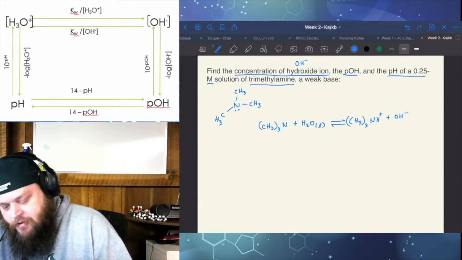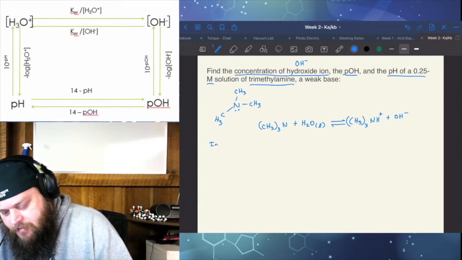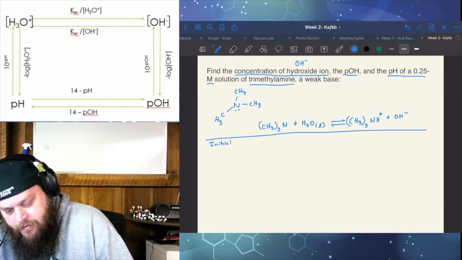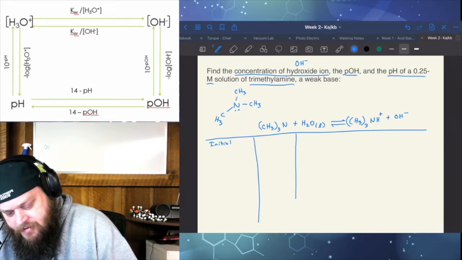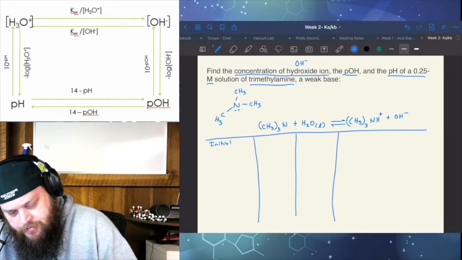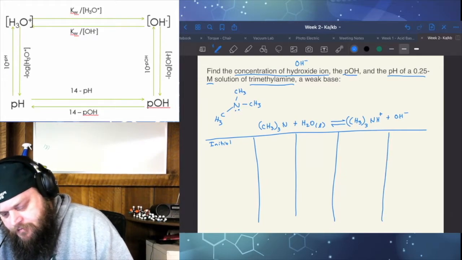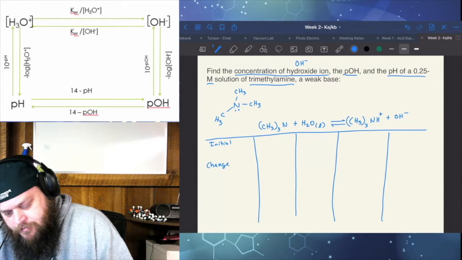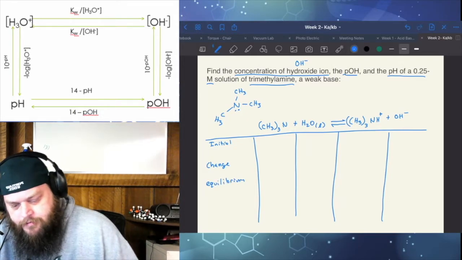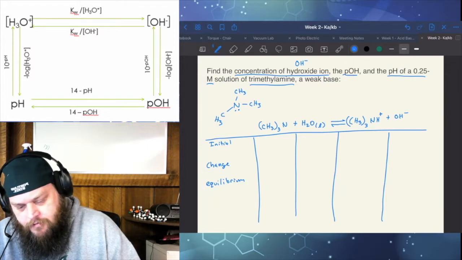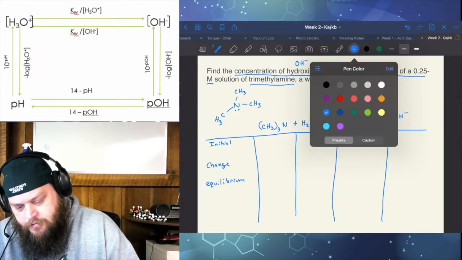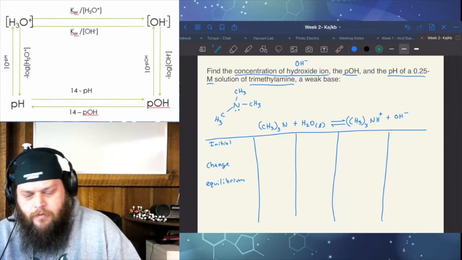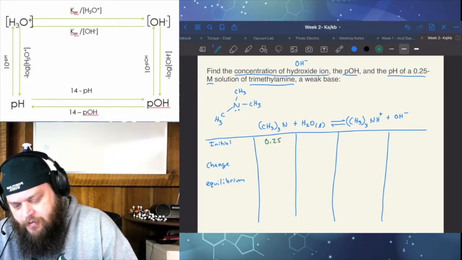Now, when we make our ICE table, the initial concentration is going to be what for our base? Yeah, 0.25 molar.